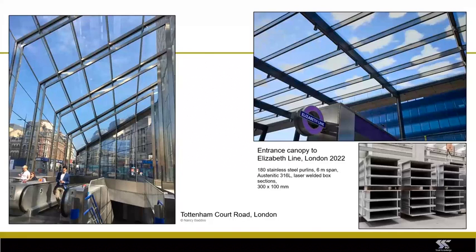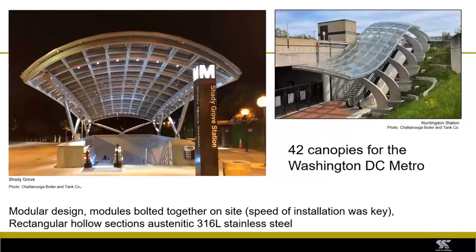Stainless steel and glass structures seem to be a popular choice over the last 10 years for entrances to subway stations or the like. And a couple of photos here from London where stainless steel has been selected. And also whizzing over to the States. Here we've got 42 canopies for the Washington DC Metro, all using austenitic stainless steel.